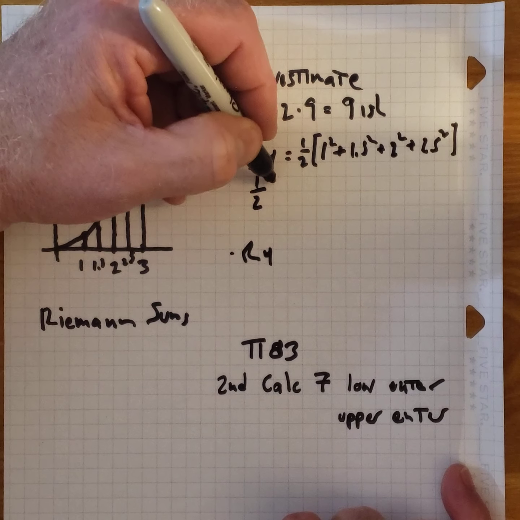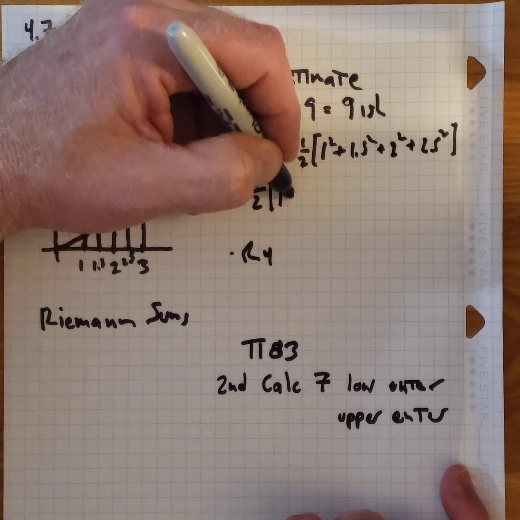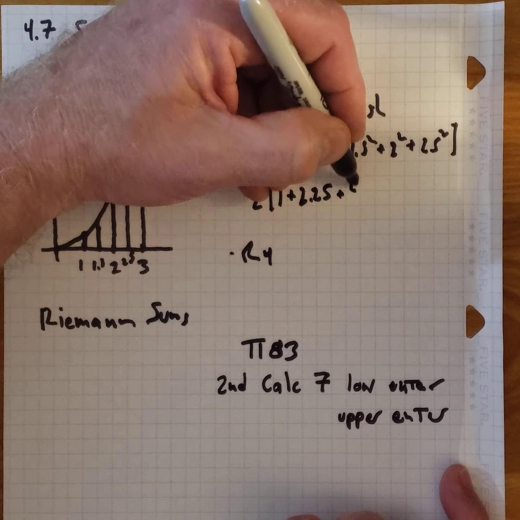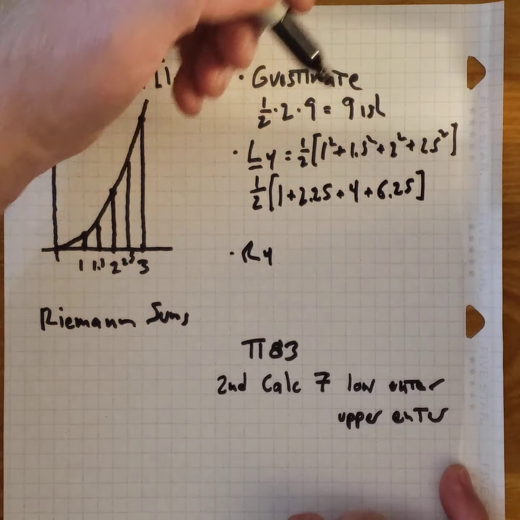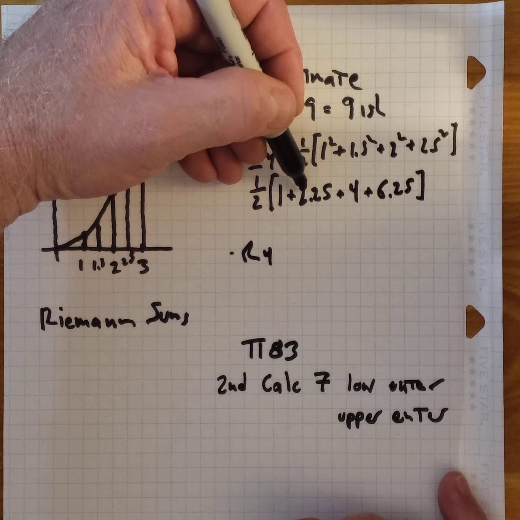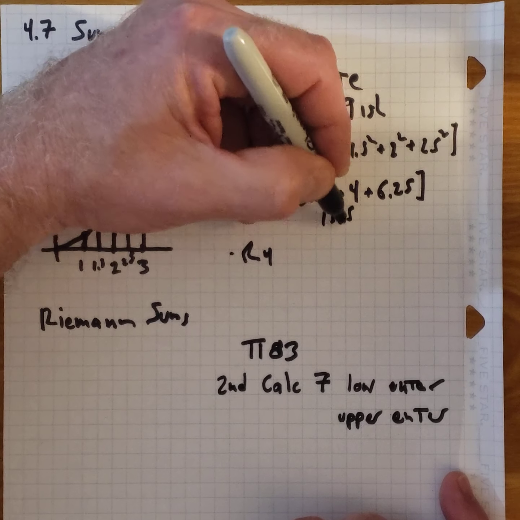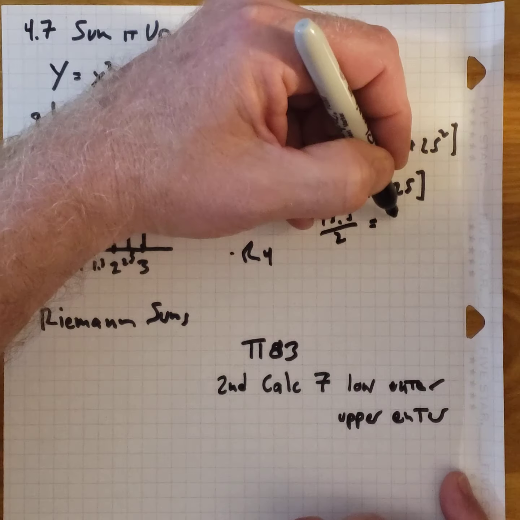I apologize, but I think we can do this fairly quick. 1 squared is 1. 1.5 squared is 2.25, plus 4, plus 6.25. Okay, 6.25 plus 2.25 is 8.5, 9.5, 13.5. So 13.5 divided by 2 is going to be, what, 6.75?